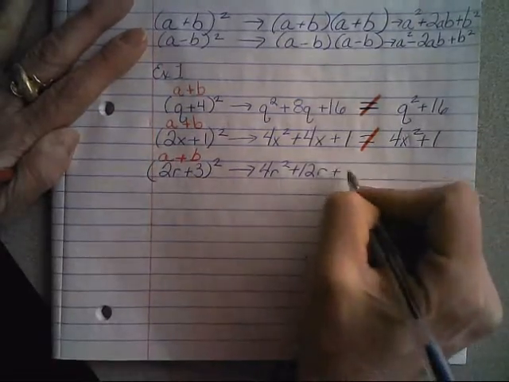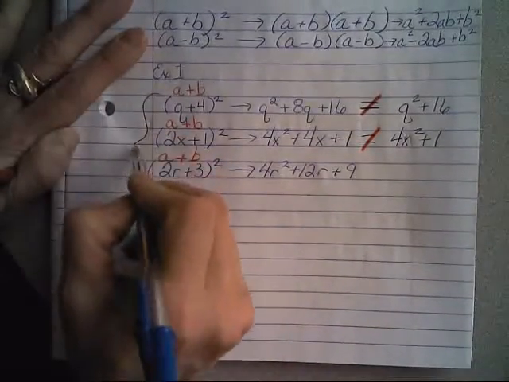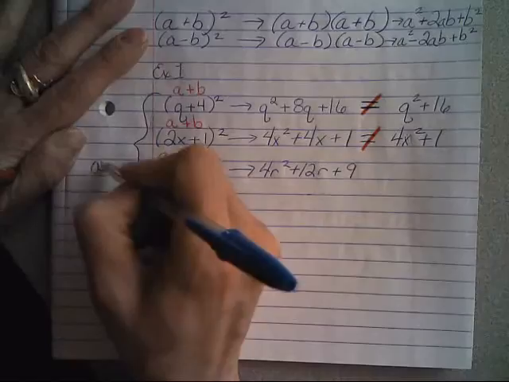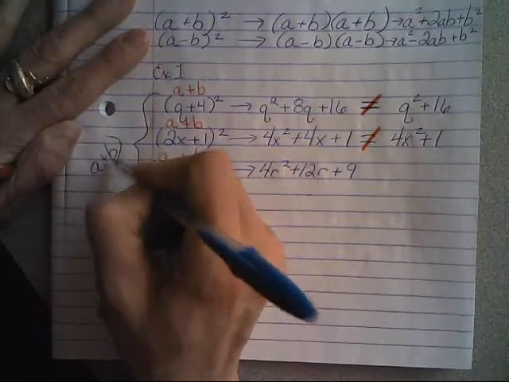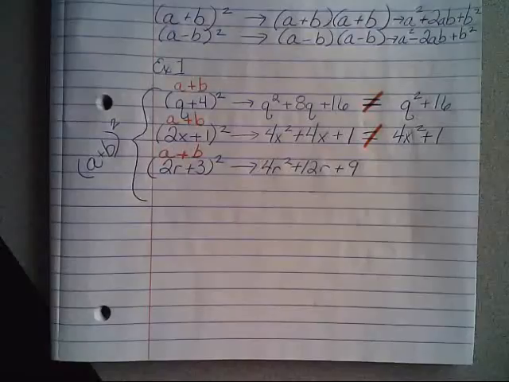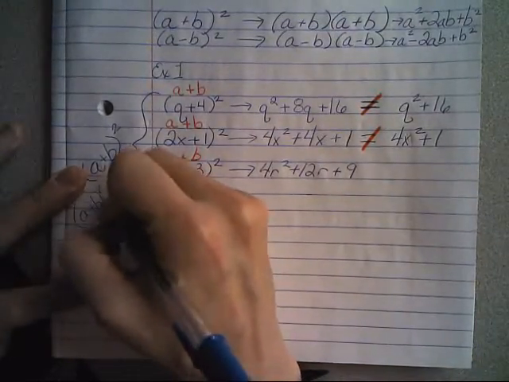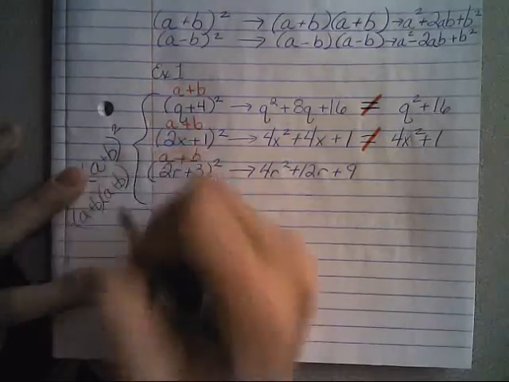There's your answer. Okay, so these were all a plus b squared examples. Okay, a plus b squared, which is the same thing as FOILing A plus B times A plus B.